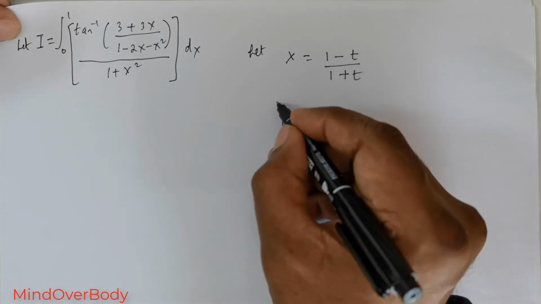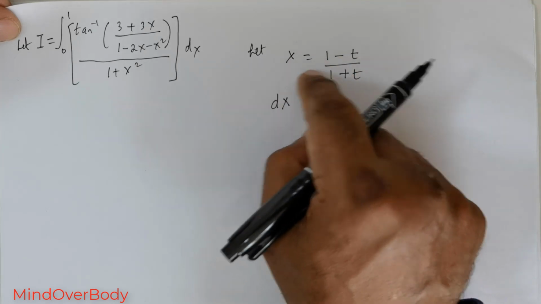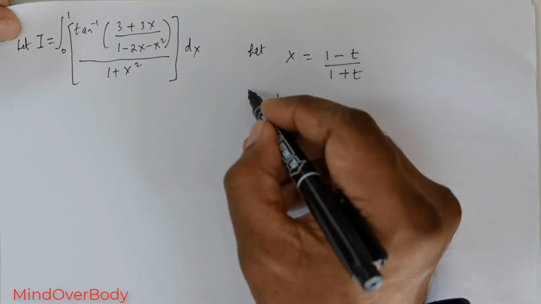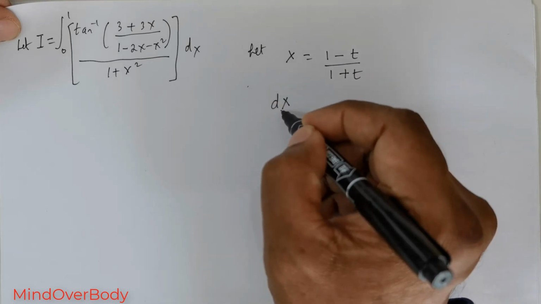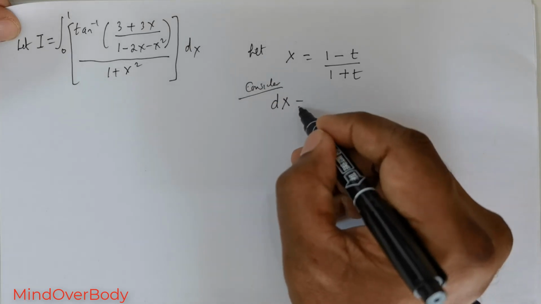Now let me take dx. I need to differentiate this, but I will not be differentiating it outrightly. I would like to give a representation for dx. So let me consider dx.